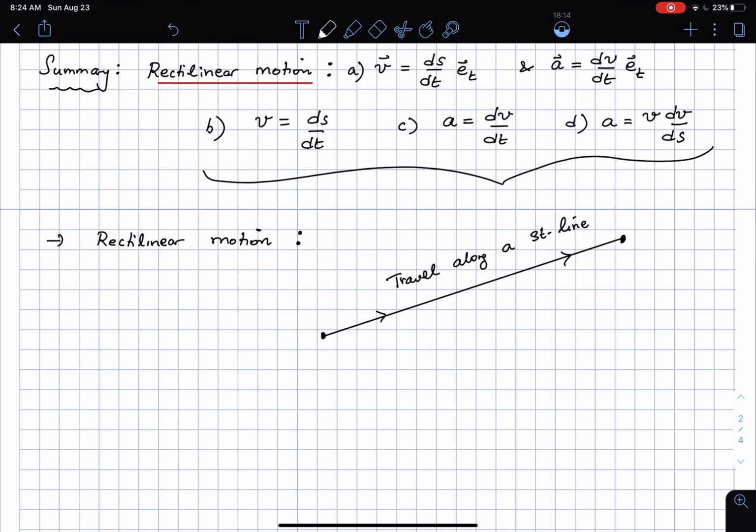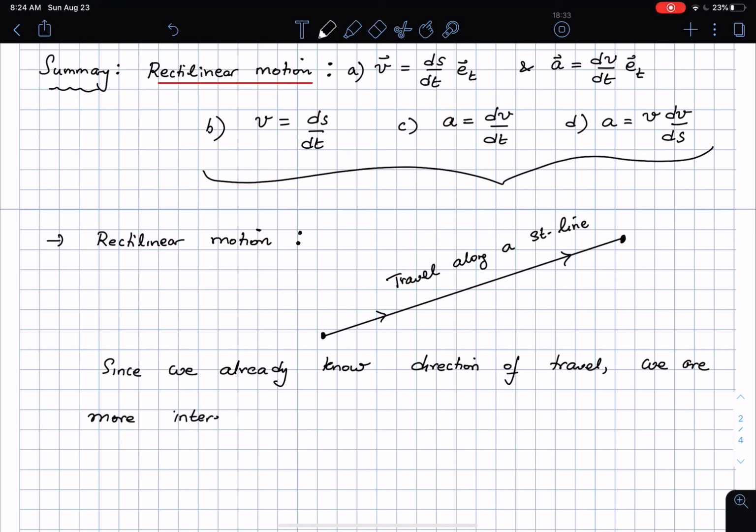Since we already know the direction of travel, we are more interested in the magnitudes of the velocity and acceleration vectors.